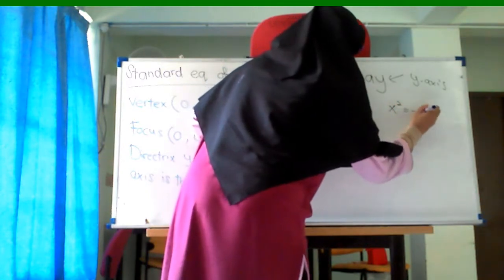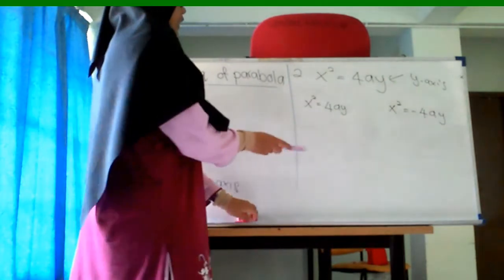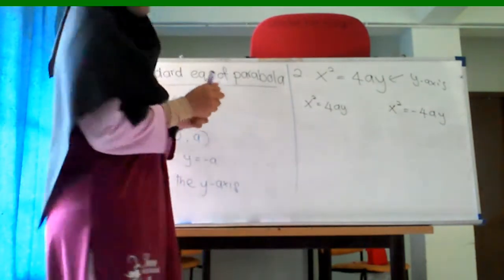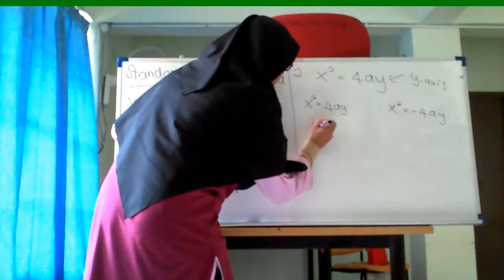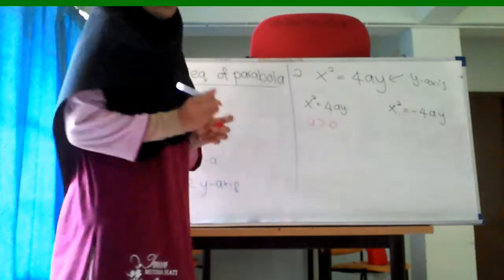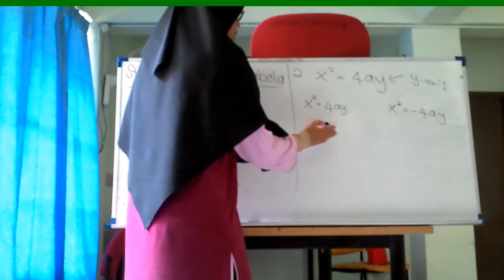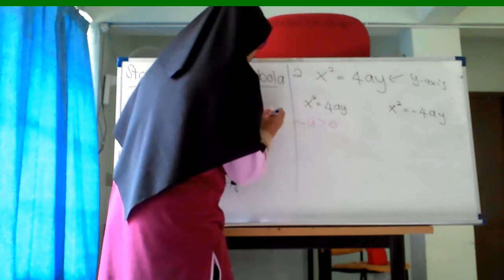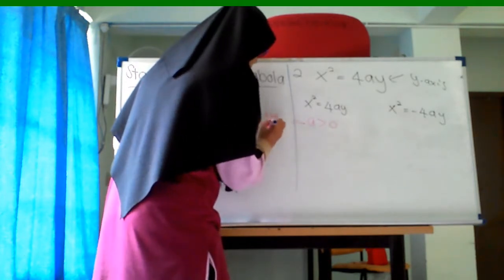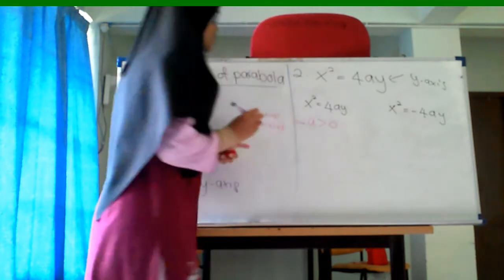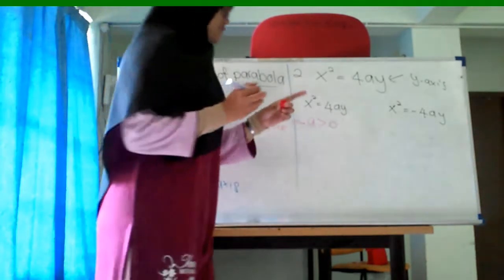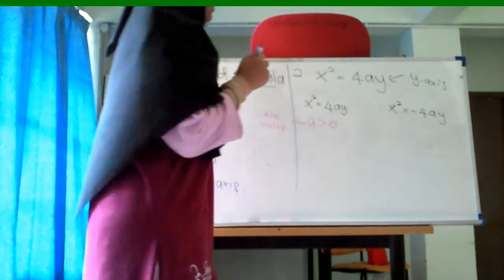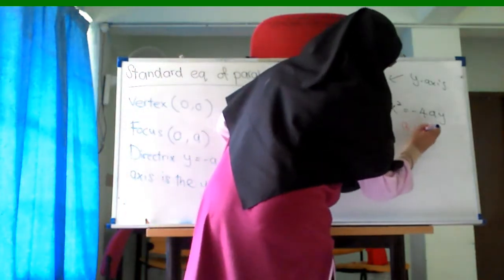For x squared equal to 4ay, a is bigger than 0, which means a is a positive value, and a positive value is always upper. And a less than 0 is always a negative value.